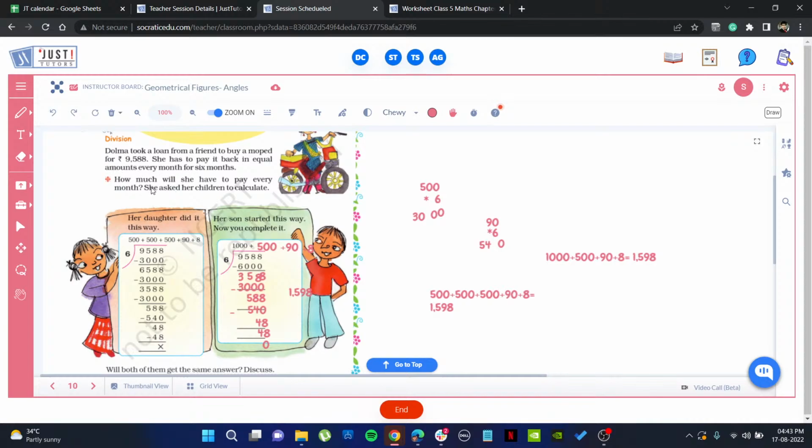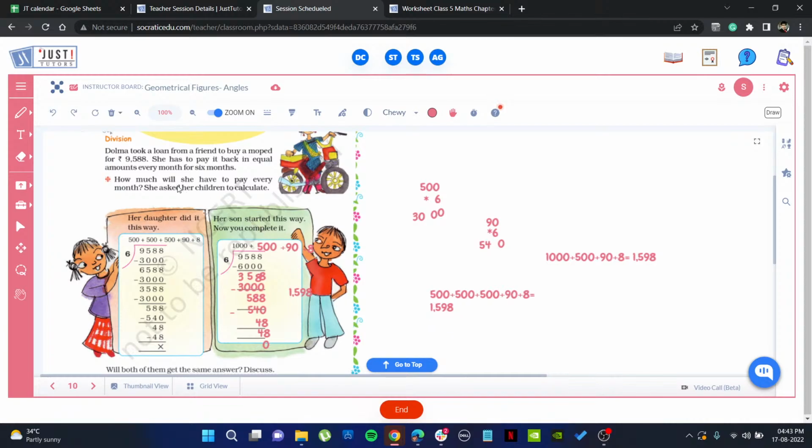and these two calculations were performed by Dolma's daughter and Dolma's son. When her daughter calculated this division, she got this much. On adding these given numbers, we get how much? We get 1598.